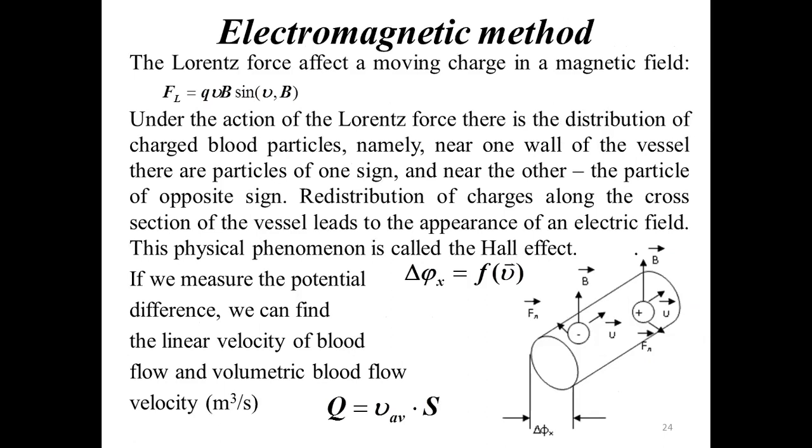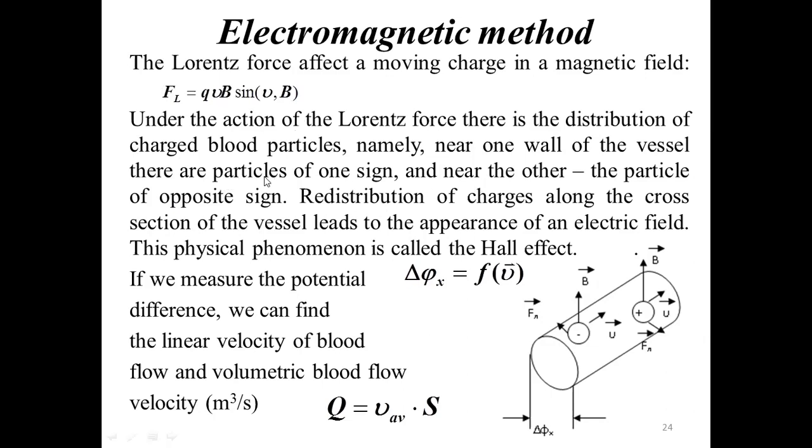The main features of this method: when we have a moving charge in a magnetic field, the Lorentz force acts on this charge, and we can describe it using this formula. Under the action of the Lorentz force, there is a distribution of charged blood particles near one wall of the vessel.